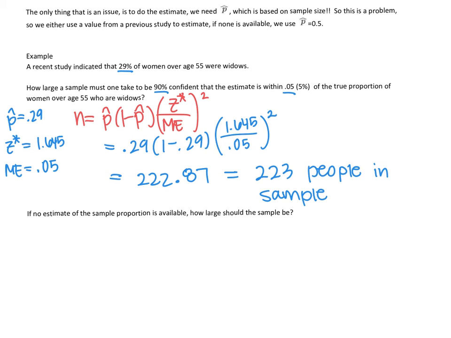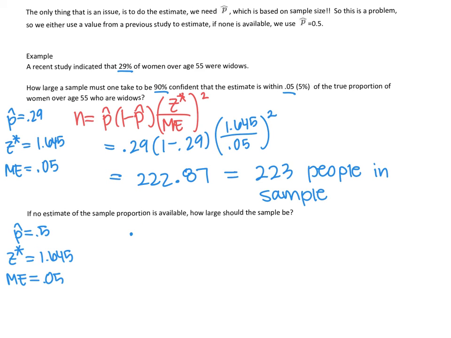Okay. So we're going to look at the same example, but now we're going to go based off no estimate of a sample proportion, and we're going to see how that changes the sample size that we're going to need. So this time p hat is going to be 0.5. Our critical score is still 1.645, and our margin of error is still 0.05.